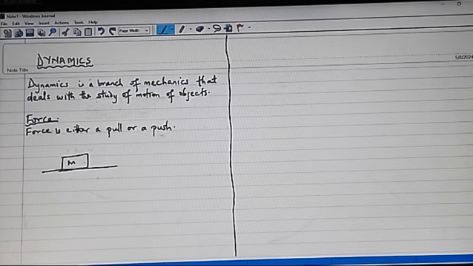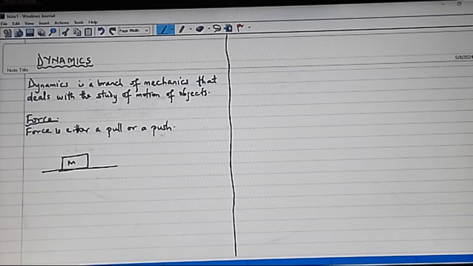For this object to move from this point, force has to be applied on the object, either to the left or to the right. And when force is applied, the object will accelerate from rest. And so that takes us to Newton's laws, because the definition of force can actually be obtained from Newton's laws of motion.